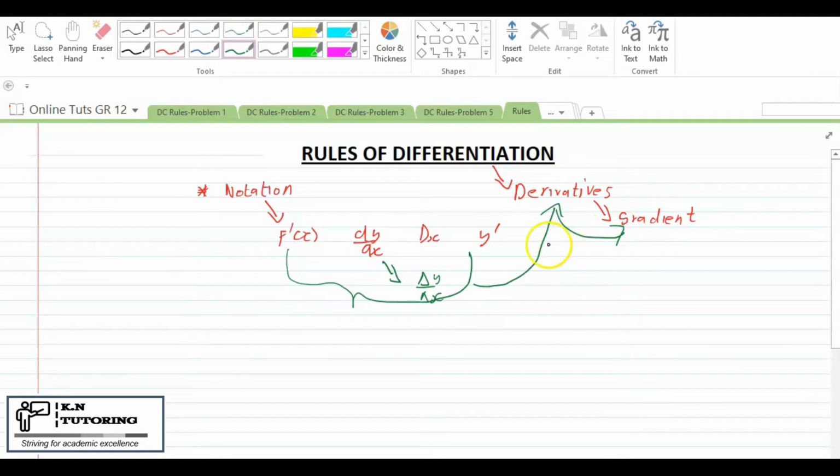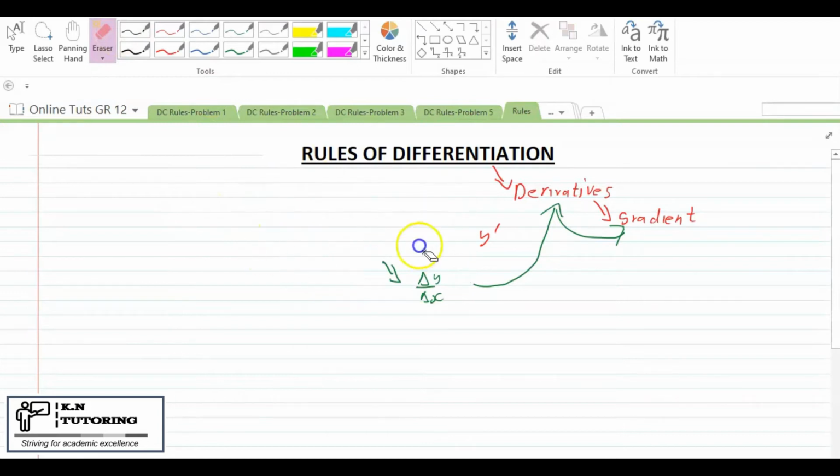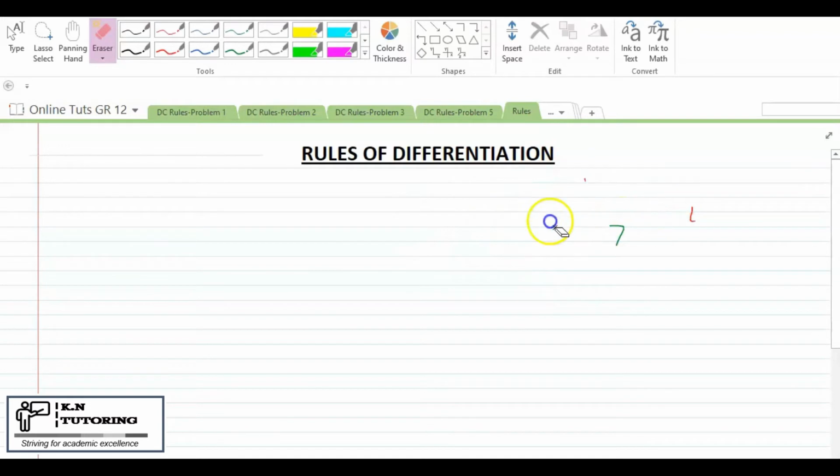The reason why we have different notation is that it is said that during the discovery of calculus, there were 2 scientists working on the principle of calculus. One being Newton, the other a scientist by the name of Leibniz. I'm not sure if I pronounce his name correctly. These 2 were working separately.